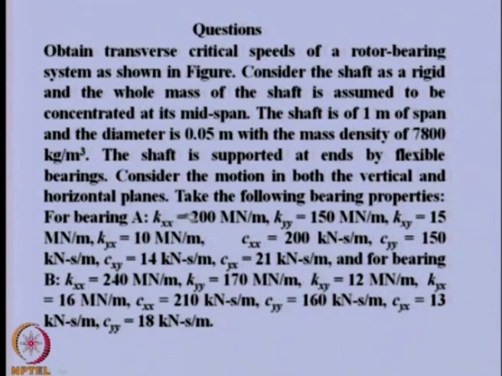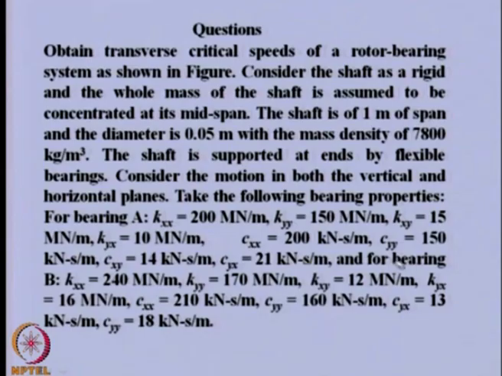So, these are the stiffness properties kxx, kyy, these are direct stiffness, these are cross coupled stiffness. They are generally relatively smaller in magnitude as compared to direct stiffness. And similarly, the direct damping terms and cross coupled damping terms are there.